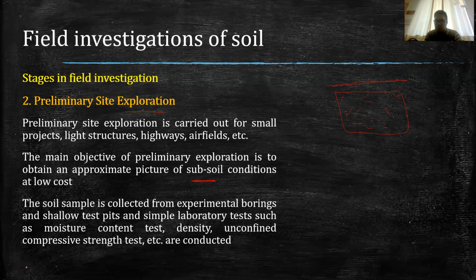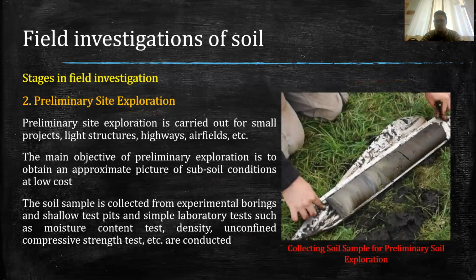and with the help of those samples, we conduct laboratory tests to determine various properties of the soil, such as the moisture content of the soil, the density of the soil, and the unconfined compressive strength. So these basic tests are conducted on the samples. These samples are collected with the help of boring. I will show you one of the samples.